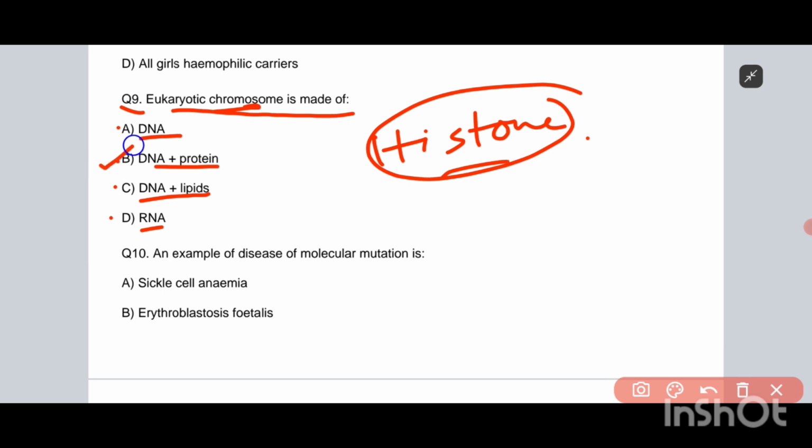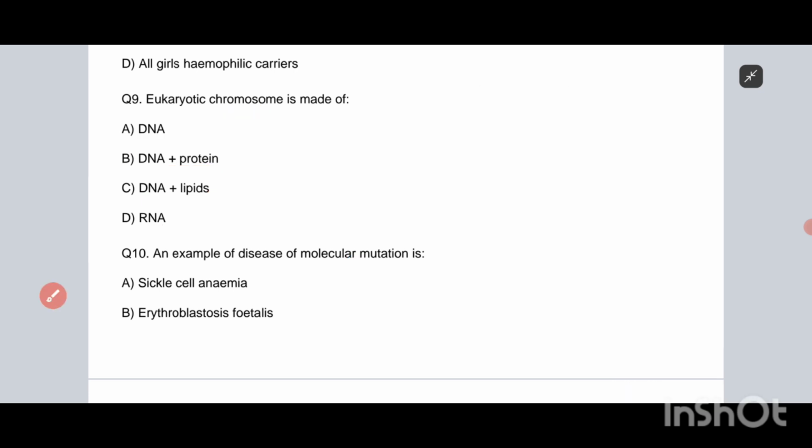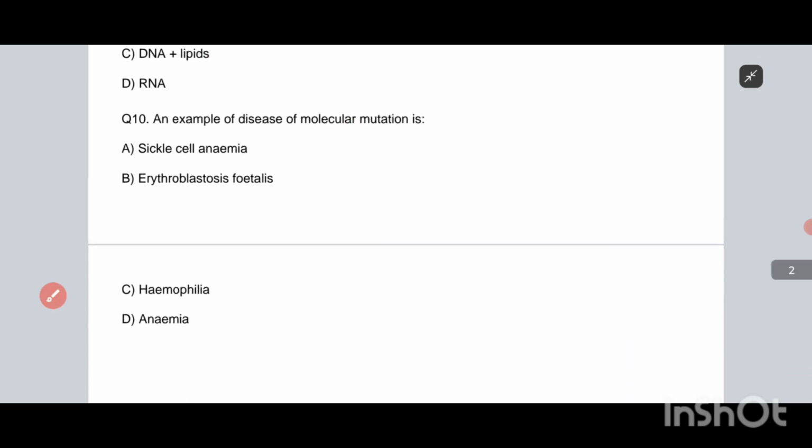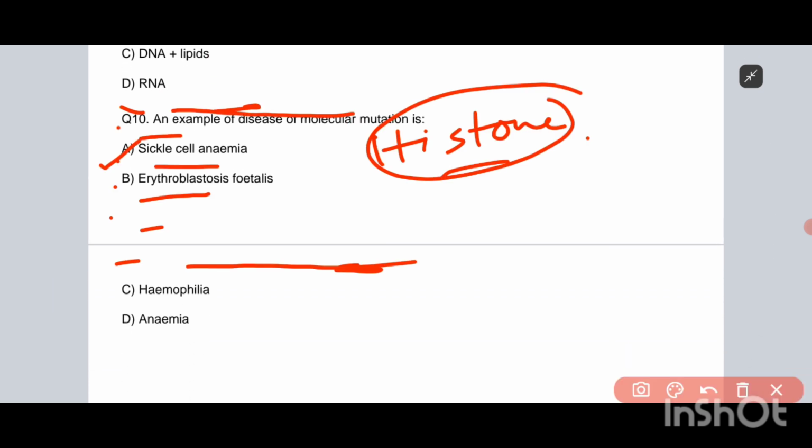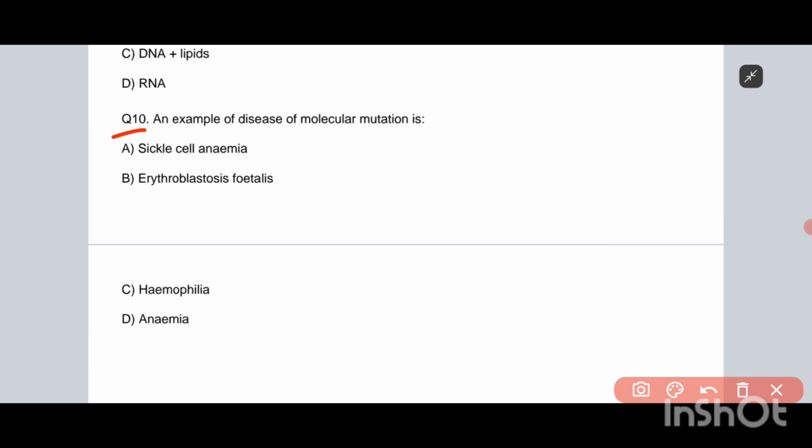And now we are going into question number 10: an example of a disease of molecular mutation. The options given are: A, sickle cell anemia; B, erythroblastosis fetalis; option C, hemophilia; and option D, anemia.